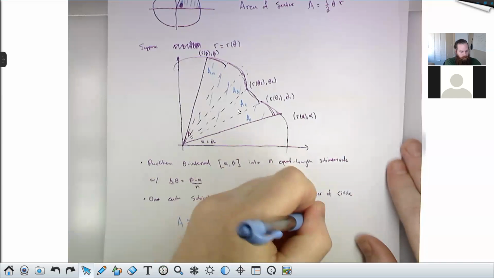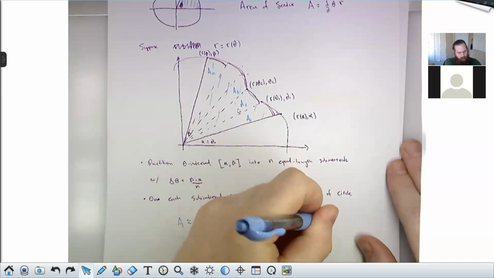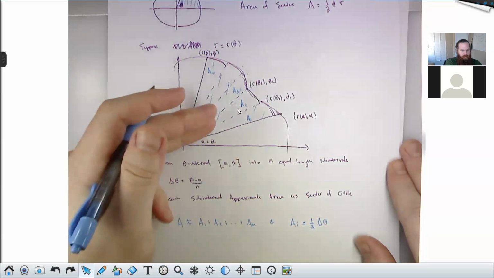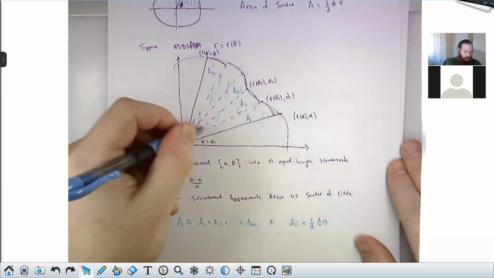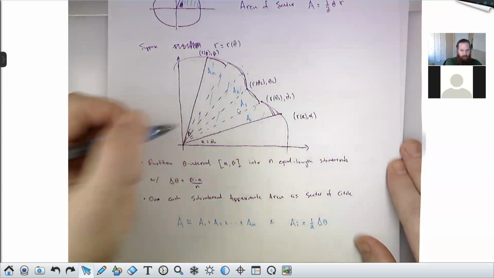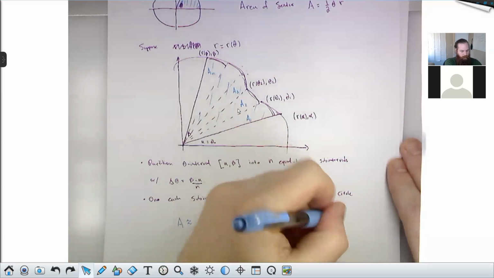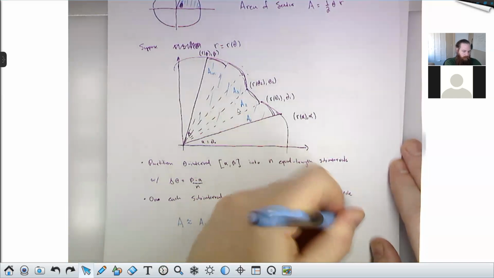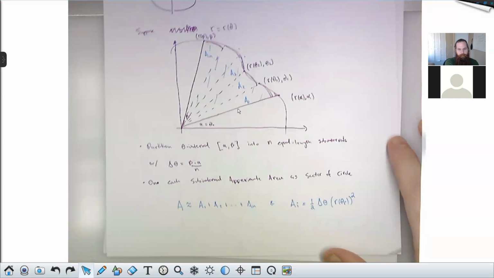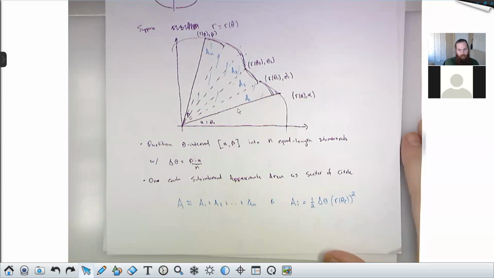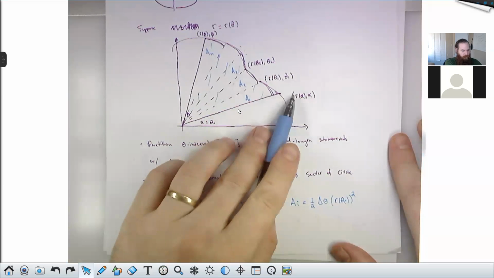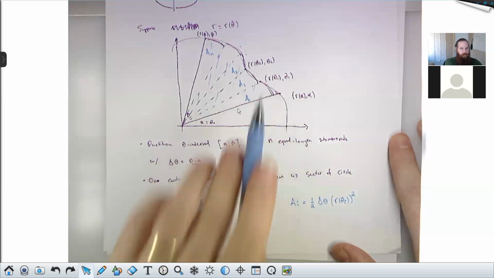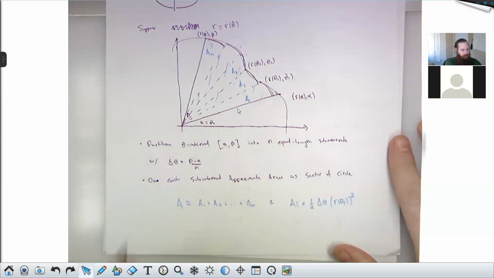So that's 1/2 delta theta, because the angle between each of these little regions is delta theta, times r of theta i squared. Because this is r of theta 0, r of theta 1, r of theta 2, the radius of each of the little circular sectors I'm thinking of is coming from my function.